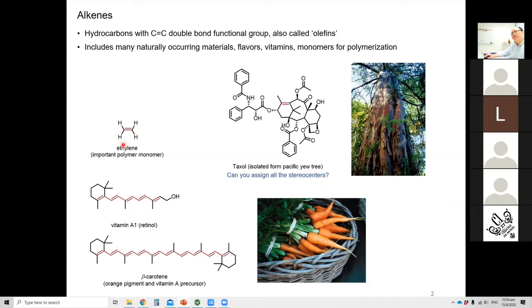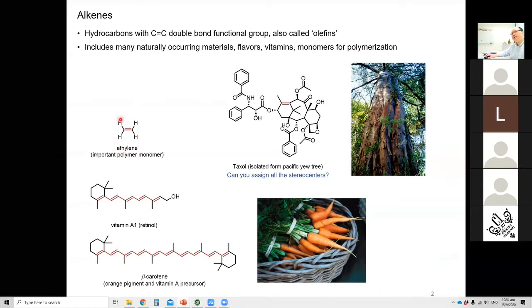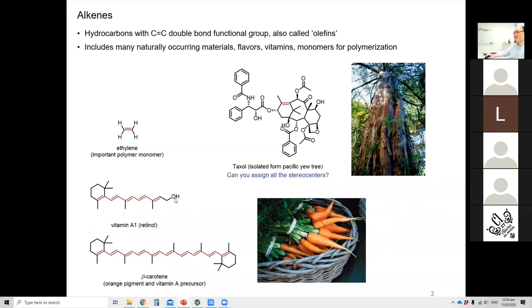It is a very important polymer monomer, and a huge number of polymers are based on the polymerization of ethylene. And vitamin A1 is a natural molecule, called retinol, because it's relatively good for your eyes. You can see it has 1, 2, 3, 4, 5 double bonds conjugated with each other.